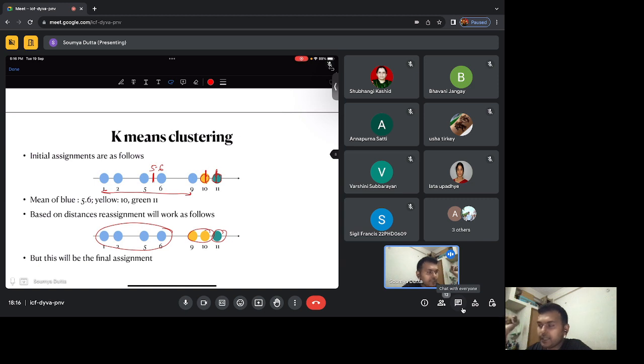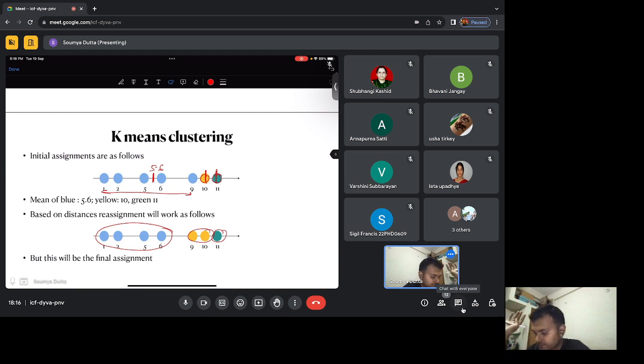Okay, and there are different ways of understanding how pure your clustering is. So how good is your clustering? A goodness index of clustering can always be defined, and depending on that you can stick with one set of clusters or go with another.